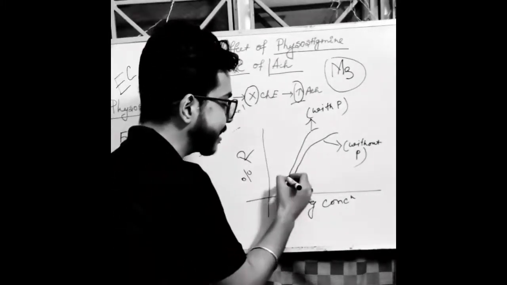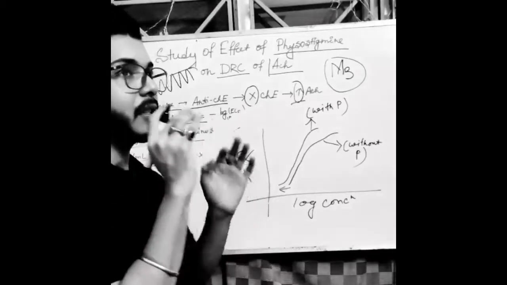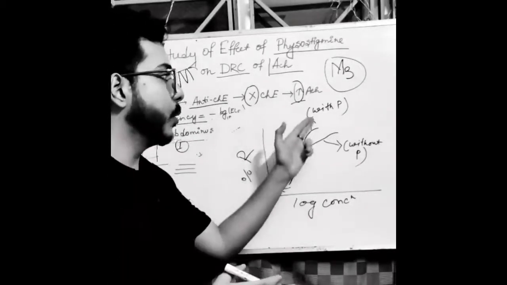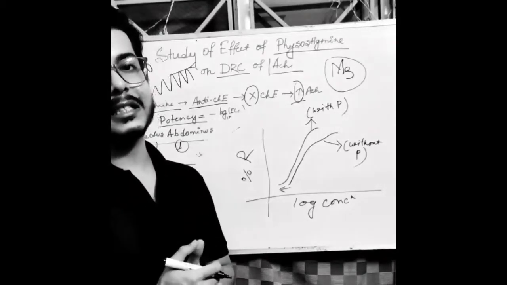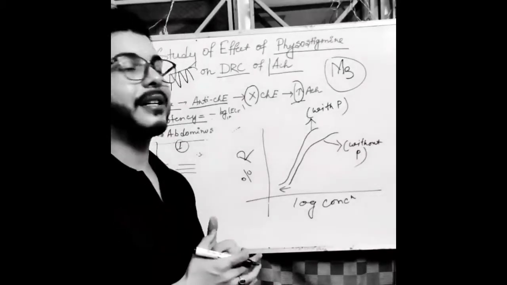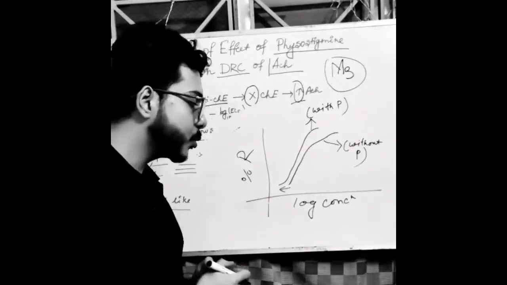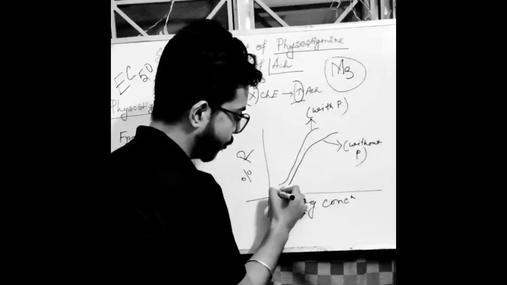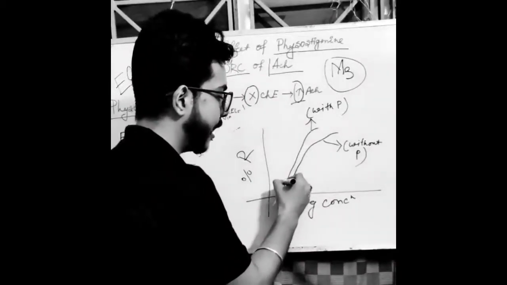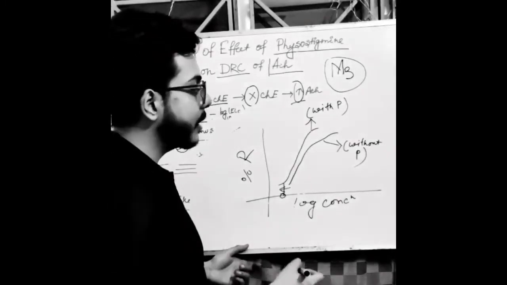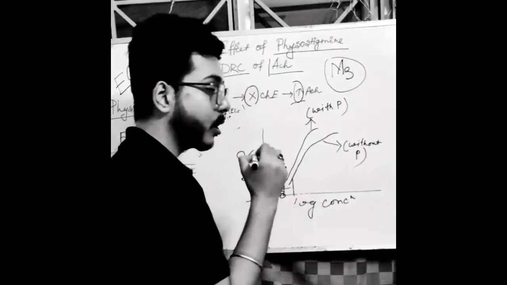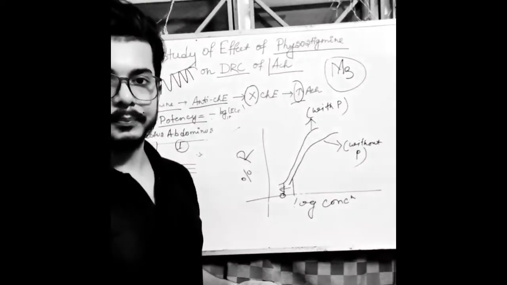Why? Because this gives the sense that with physostigmine, the potentiation of acetylcholine increases, or the potency of acetylcholine increases. That is why at the lower dose, this is the log concentration, at the lower concentration, it started to show its effect. But in the case of without physostigmine, it takes much more concentration to show its effect.